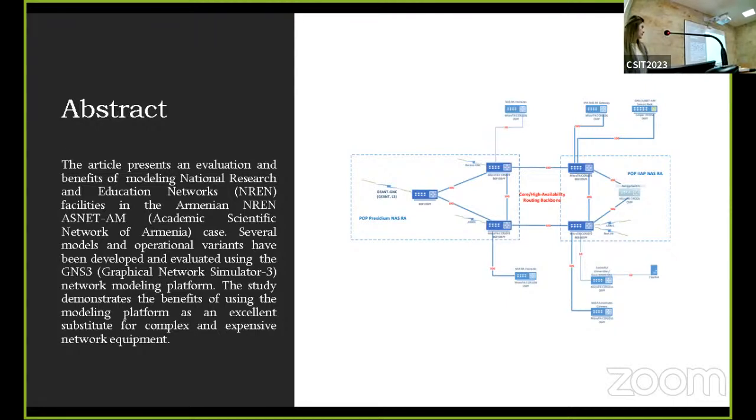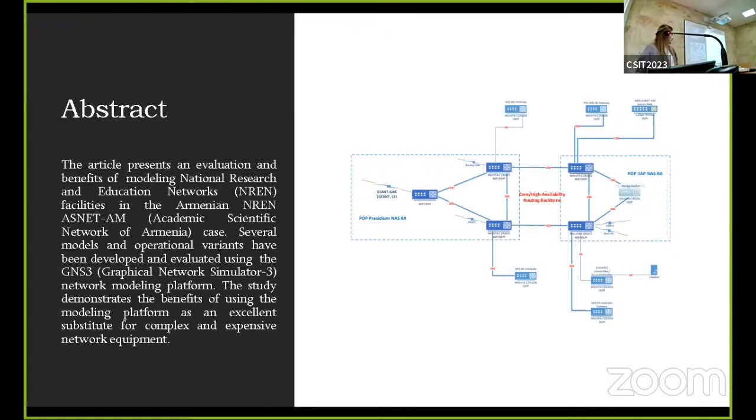Several models and operational variants have been developed and evaluated using GNS3. The study demonstrated the benefits of using the modeling platform as an excellent substitute for complex and expensive network equipment.